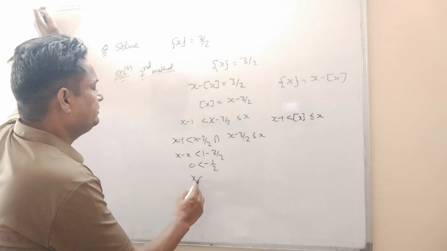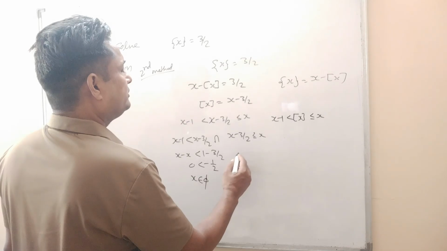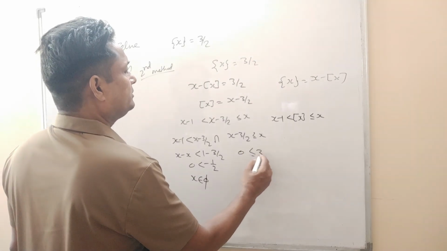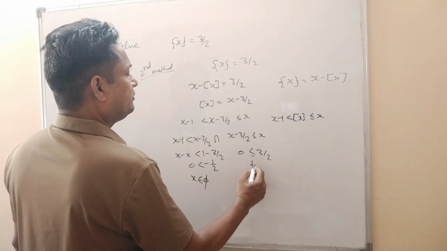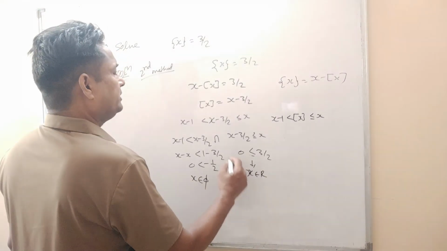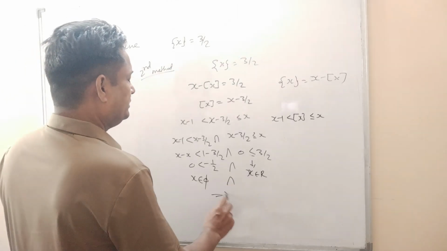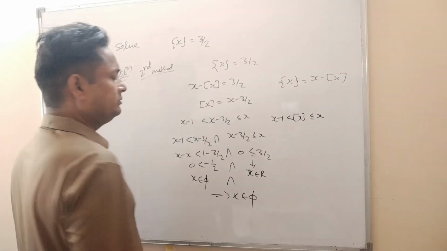So the solution from here will be the empty set. And here, 0 is less than or equal to 3/2, so x belongs to R. But we have to take the intersection of this and this one, so x belongs to the empty set.